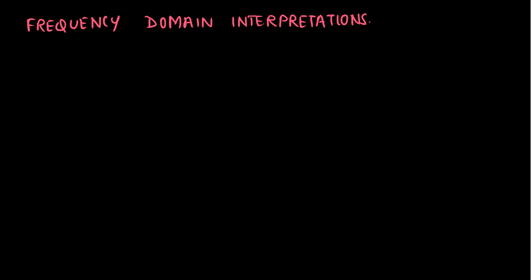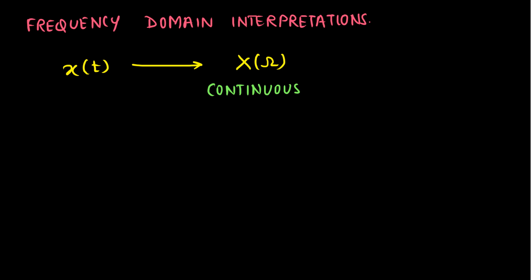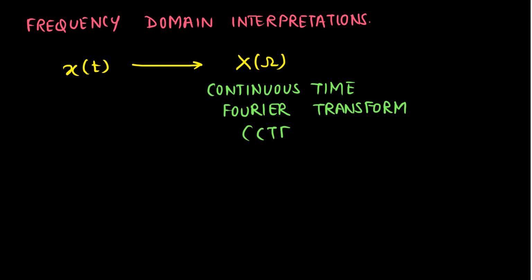Now we know that we have the continuous time signal say x of t, then its frequency domain interpretation is given by x of omega, where this x of omega is the continuous time Fourier transform. So it can be just abbreviated as CTFT.